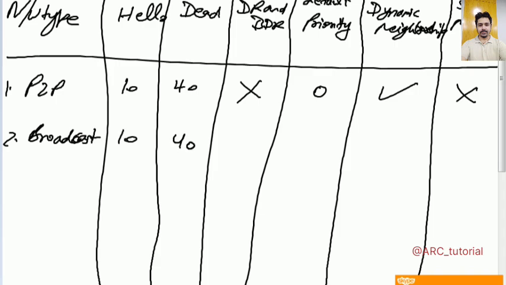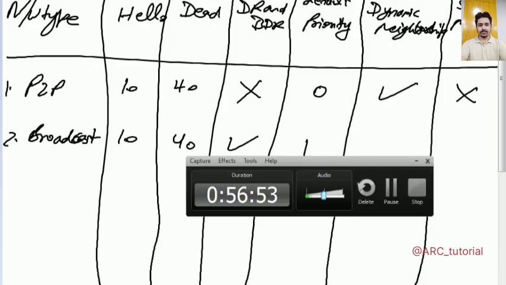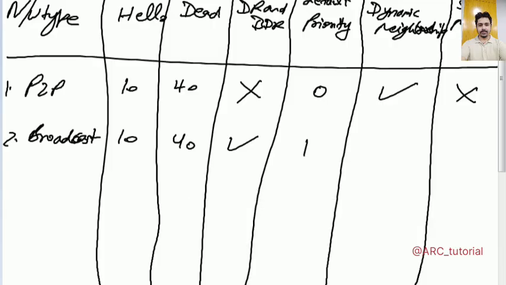Again 10, 40. BDR election will be there. Default priority will be 1, and dynamic neighborship will be there. Of course, it will be there. Now you see dynamic neighborship will come up. Static neighbor cannot be configured.